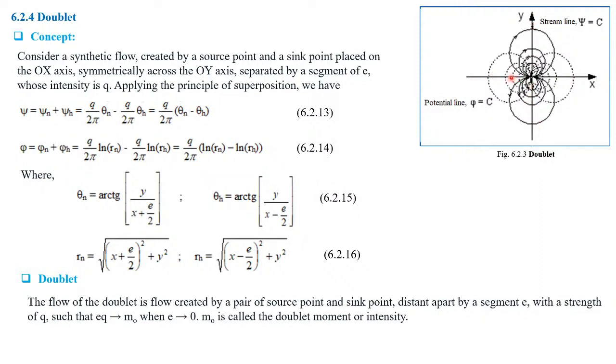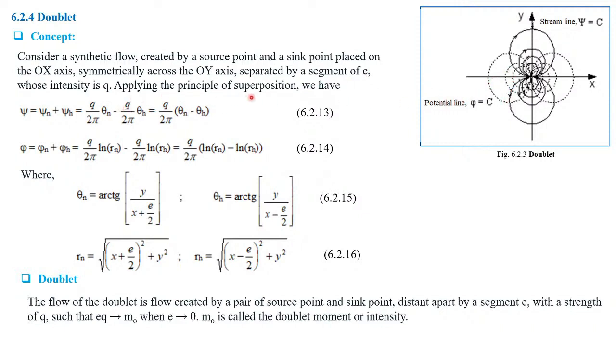If we have a source point on the left of the y-axis, and we have a sink point on the positive portion of the axis, on the right-hand side of the y-axis, the source and sink are symmetric through the y-axis, and the distance between the source and sink point is e, the distance e.